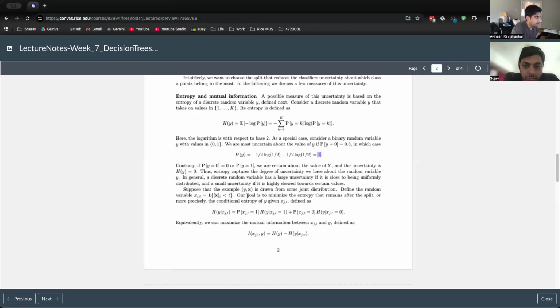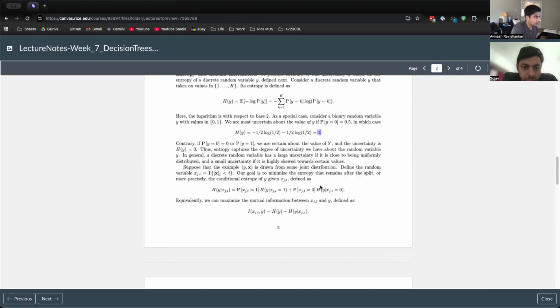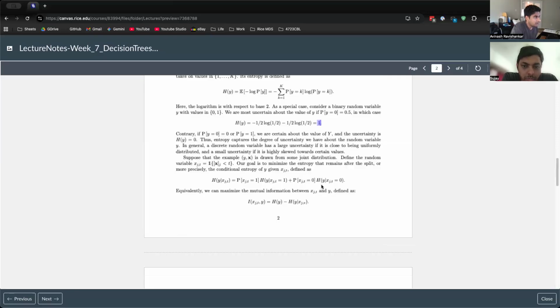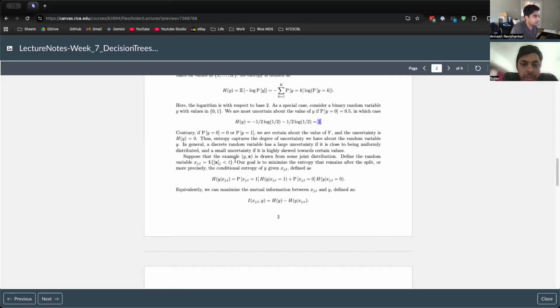Okay. So we have some joint distribution to define the random samples, and we define something called conditional entropy. So we are trying to minimize the entropy that remains. Our goal is to minimize, yes, which means maximizing the entropy that is already explained.